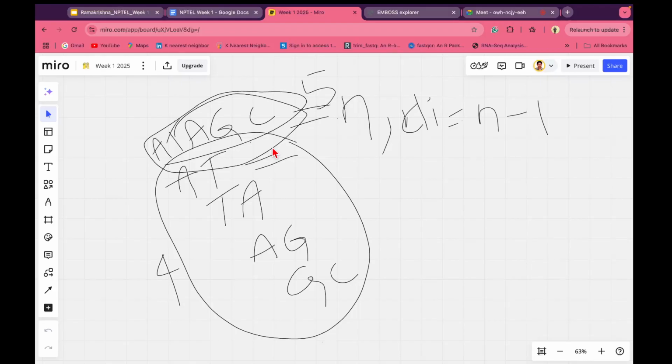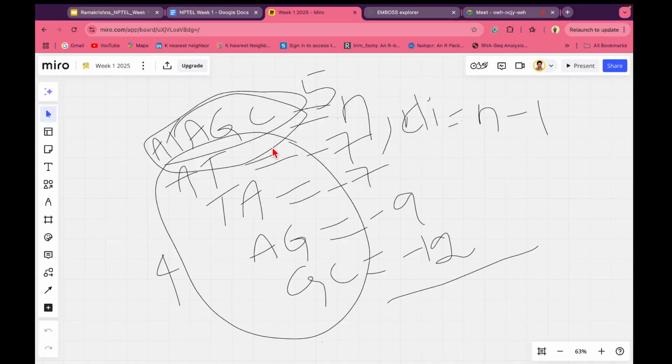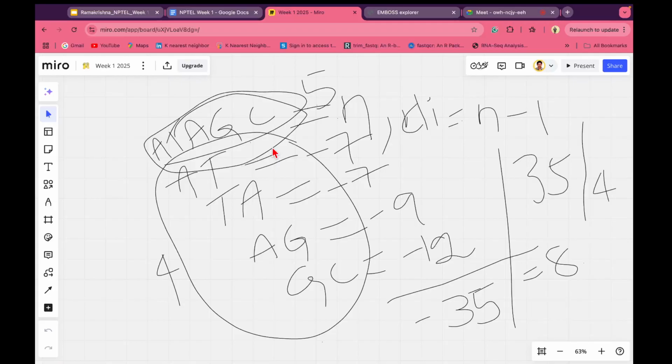Then take the values for each of them. The average hydrogen bonding energy for AT is -7, TA is also -7, AG -9 and GC -12. So sum up these. This sum will be coming up to 35. So the final value will be 35 divided by 4, which is approximately 8.7.